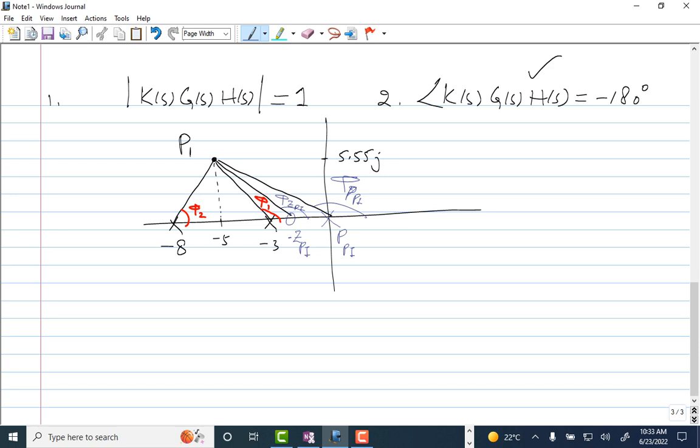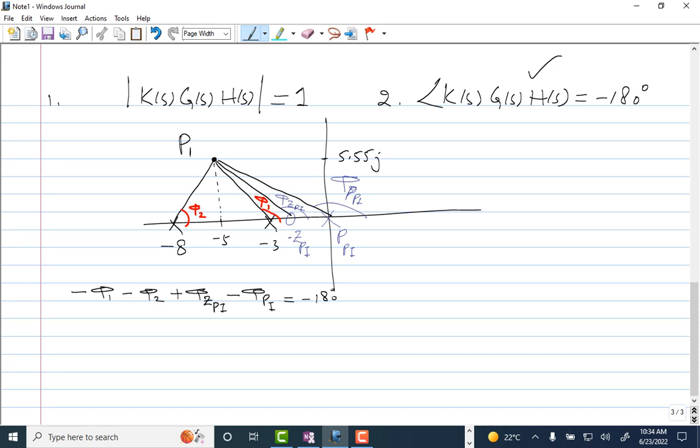Now as we know from this equation, if I write the angle condition, we have minus phi 1, minus phi 2, plus phi Z_PI, minus phi P_PI is equal to minus 180 degrees.